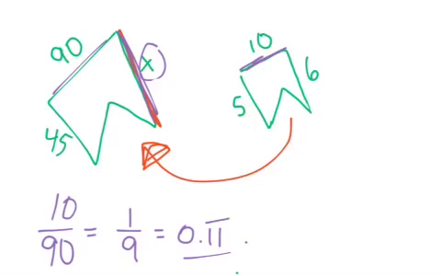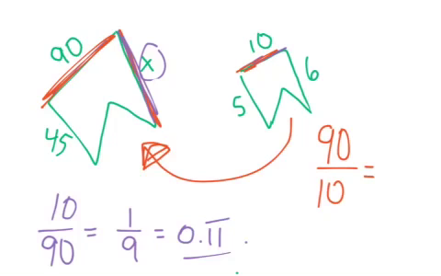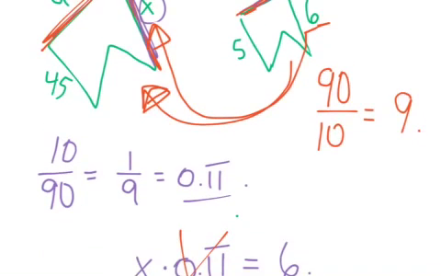So to find our scale factor in that case, if this is the new distance, it would be 90 divided by 10. So our scale factor would be a much simpler number. It's just 9. So I would do 6 times 9 to get our value of x, which is 54. So that method might be a little bit easier because you're not dealing with decimals and fractions. But either way, you get the same answer.